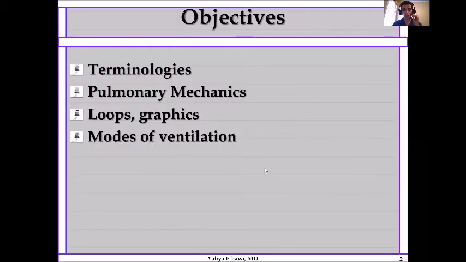And then we'll talk about some pulmonary mechanics. We'll talk about loops and the graphics, and we'll end by talking about modes of ventilation. I'm hoping that you guys can understand the process. So again, terminologies and pulmonary mechanics, loops and graphics, and then modes of ventilation.